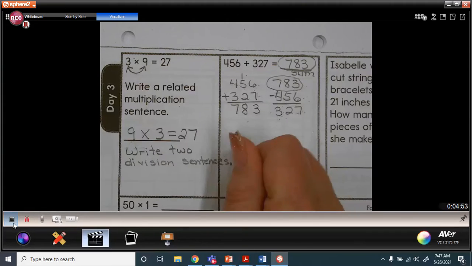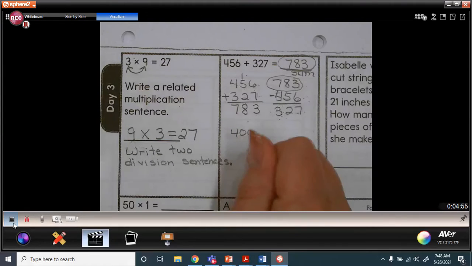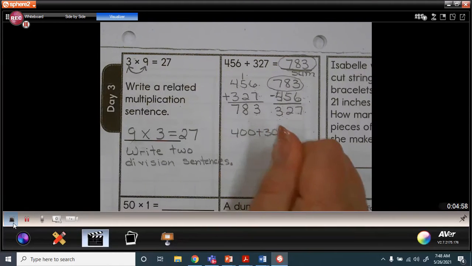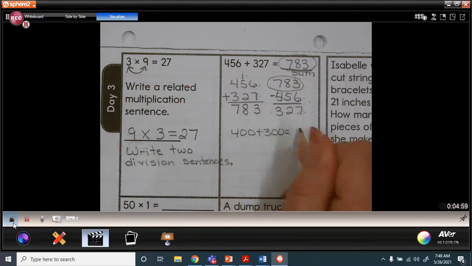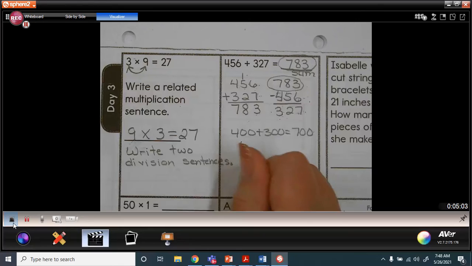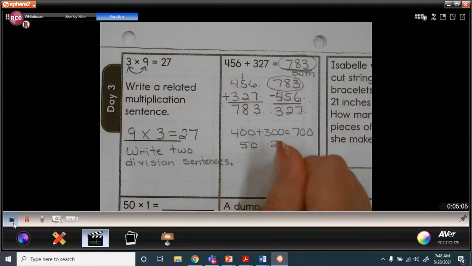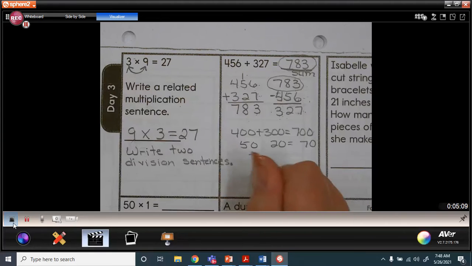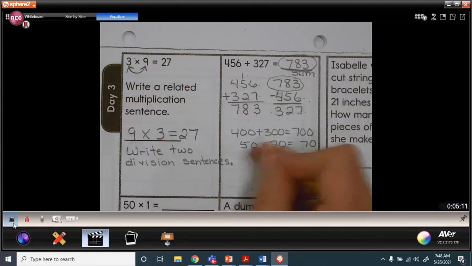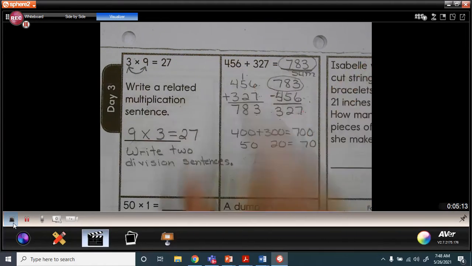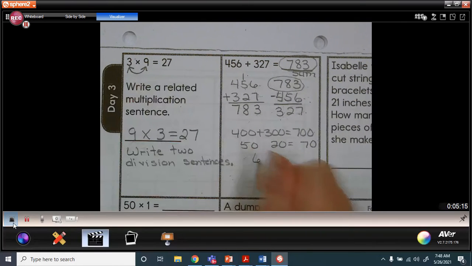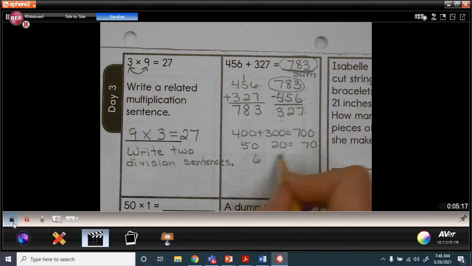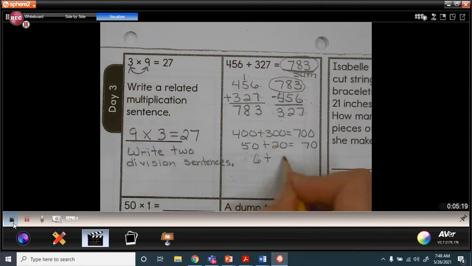Now, another way to look at this is I can use what I understand about my place values and add the place values up one by one. So I know that 50 and 20 is going to give me 70. And 6, because this is 456, plus this 7 is going to be 13.